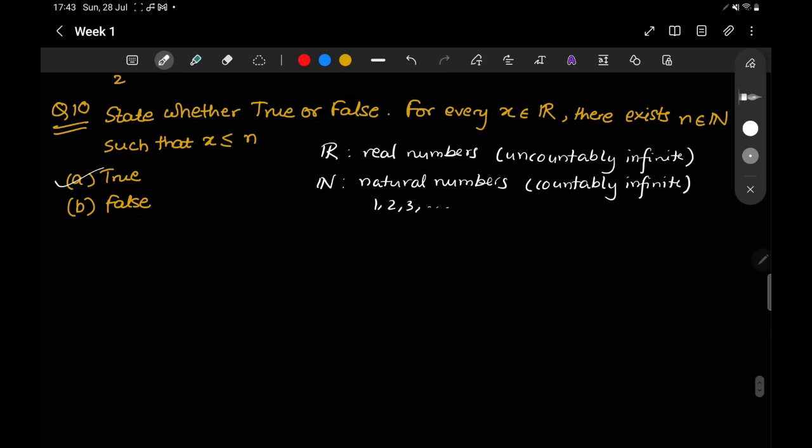So what this basically means is that for every real number there exists an integer which is larger than the given real number. The same will be true the other way around also. There will always be a real number which will be larger than a given integer.